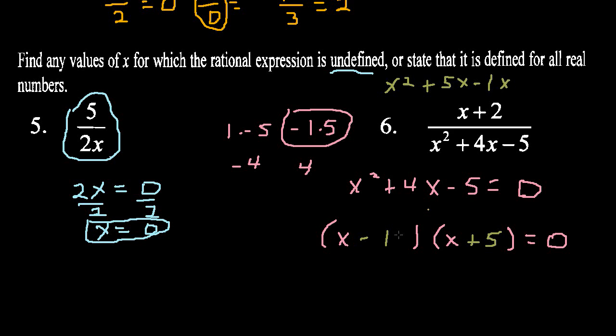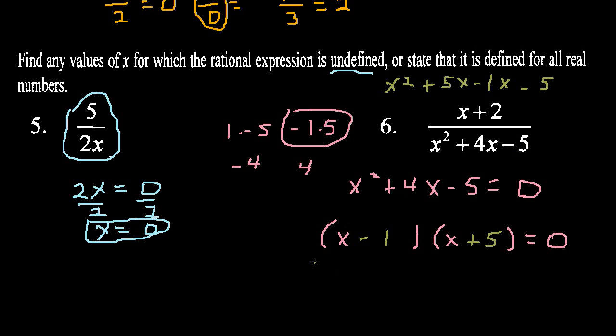And then finally, multiplying the last, we get negative 1 times 5, that's negative 5. And sure enough, if you combine these two like terms, 5x minus 1x is 4x. So this was the proper factorization of x squared plus 4x minus 5.